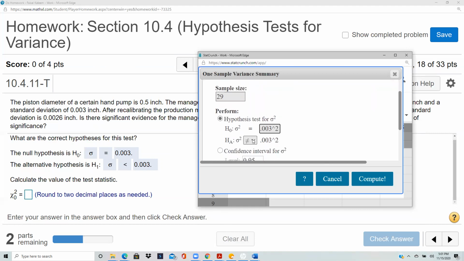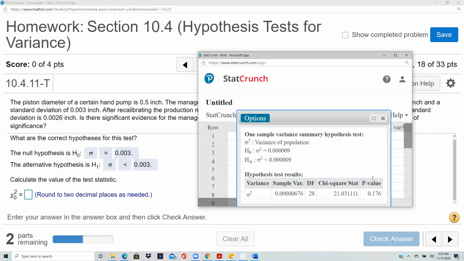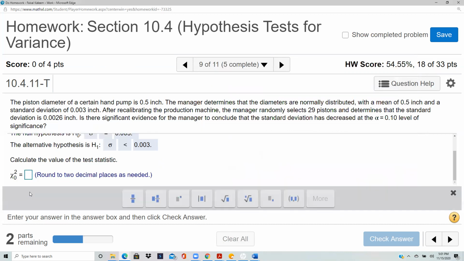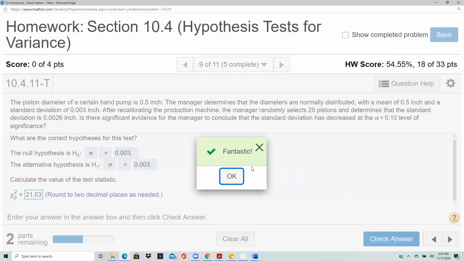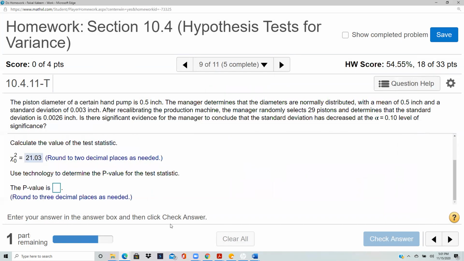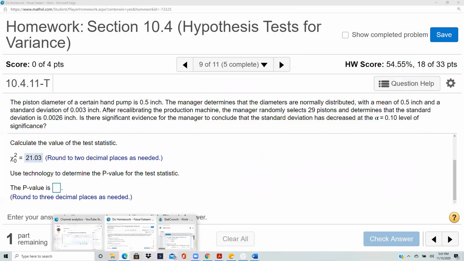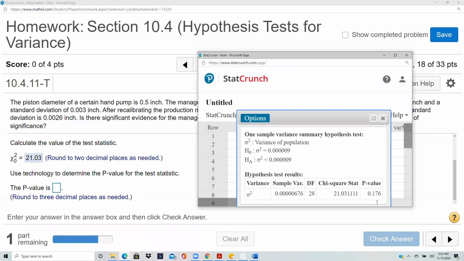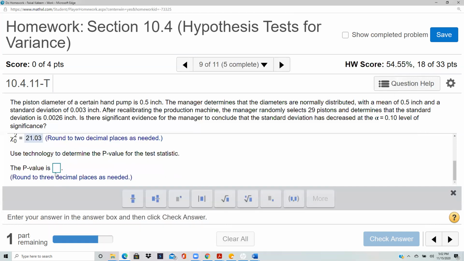This one will not be not equal to, this one will be less than. Okay, so 21.031, 21.03. And it also had the p-value over there, 0.176.